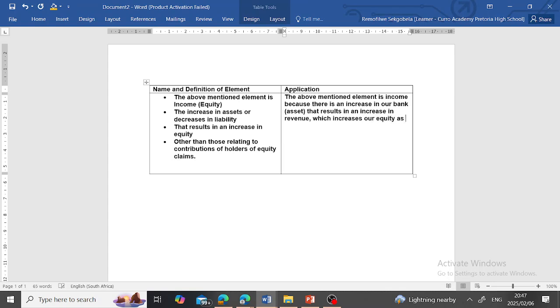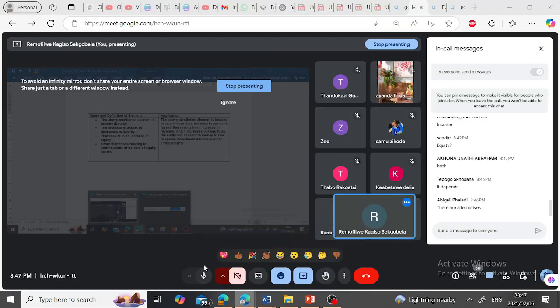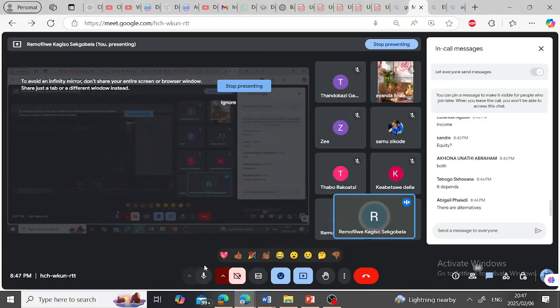The entity will have more money to spend, to invest and make other arrangements. The point here is that there's an increase in equity. We have more. When they say my equity increased, my net worth increased, they are talking about this.